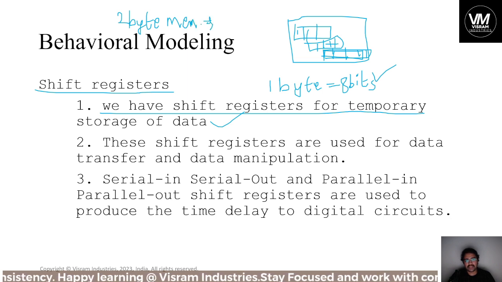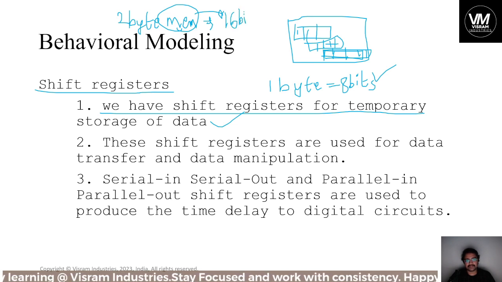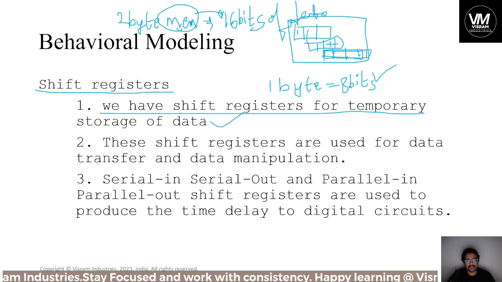That means this memory register can have 16 bits of data. Okay, remember this, don't get confused all the time. 2-byte memory is nothing but 16 bits of data.